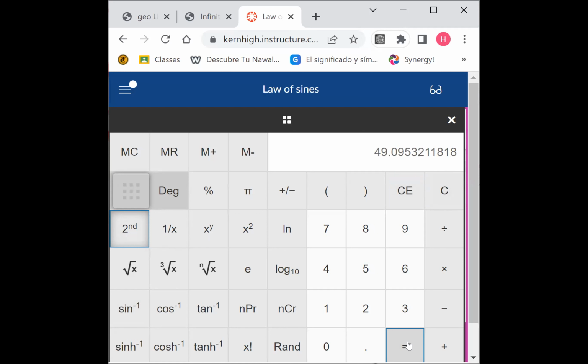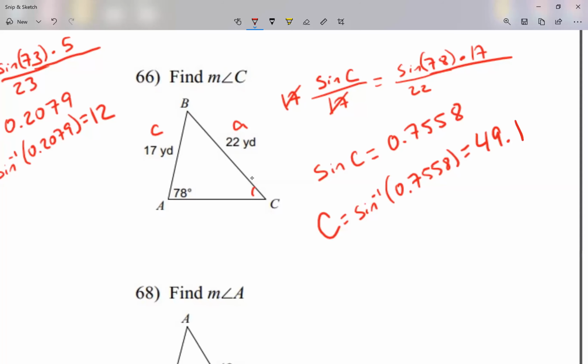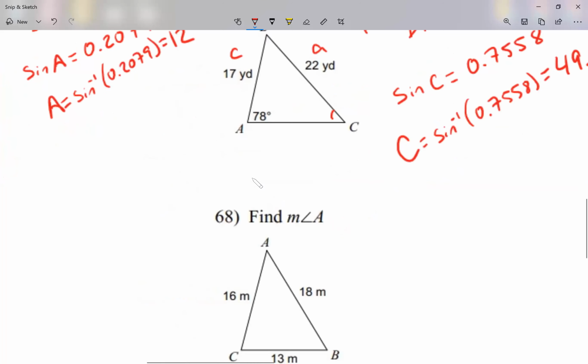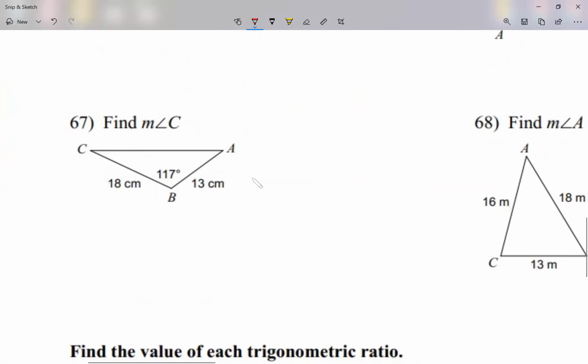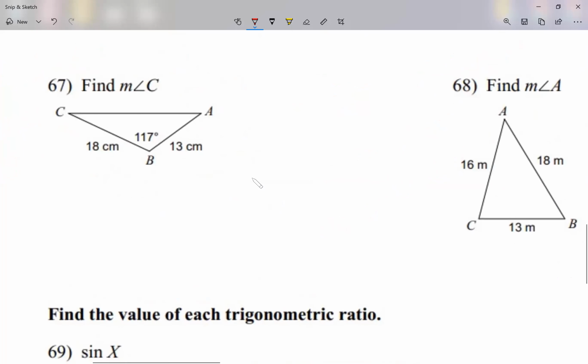Let's see, 49.09. So I'm going to call that 49.1 because the 9 pushes the 0. 49.1. Okay. Now let's take a look at number 67.